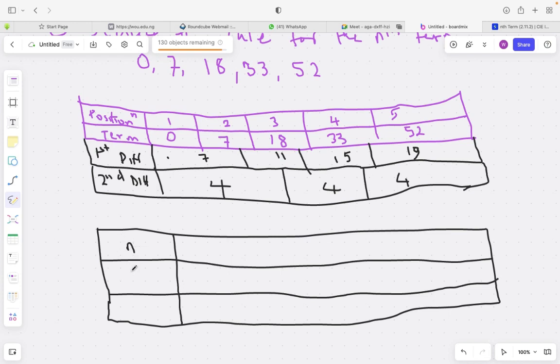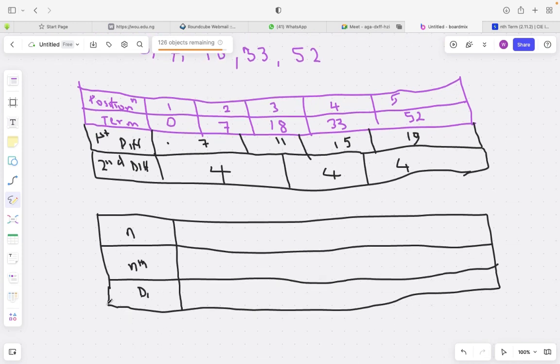You know it's already the position. I'll write n term here. You know it's the term. I'll write D1 here. You know it's the first difference. Then we need to add a second difference to this one, so I'll write D2 here, second difference.